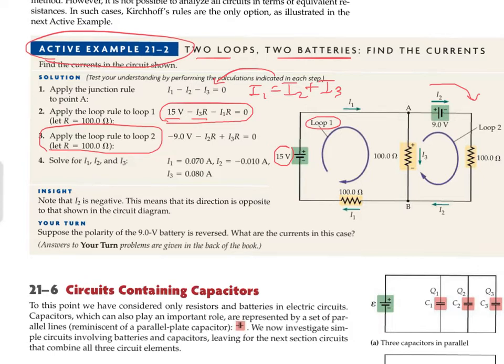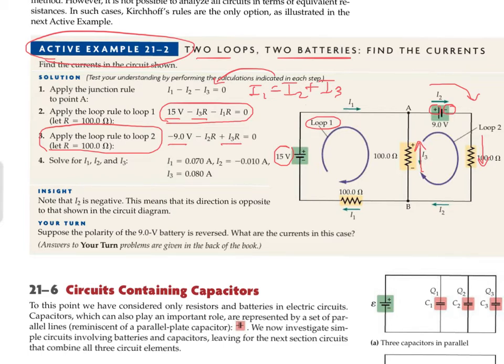Oh, you're going against that battery, sorry. That's a negative 9 volts because you're going from the positive terminal to the negative terminal. Now you go in the direction of the current across that resistor, so that's negative I2 times that resistor, and you're going against the current here across that last resistor, so instead of a voltage drop, you're going to have a voltage gain. So you have a plus I3 times that resistor.